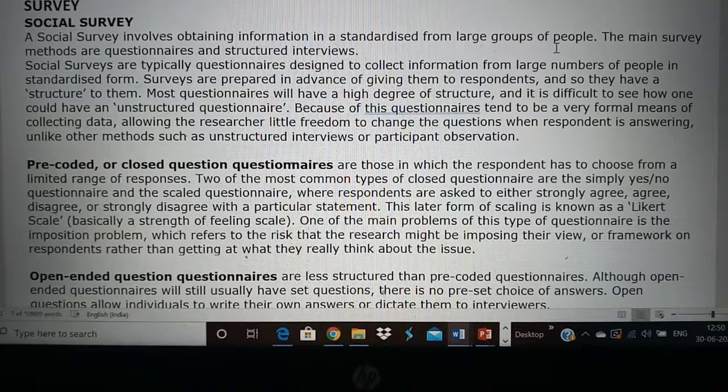So in each city you interview 100 males and 100 females. Why? So that you have stratification. If you take only males, then you are biased towards the males, so the results will not be applicable to the whole population. Whereas if you take 100 males and 100 females, then at least it represents the population.